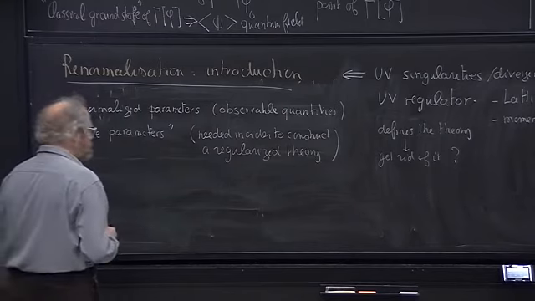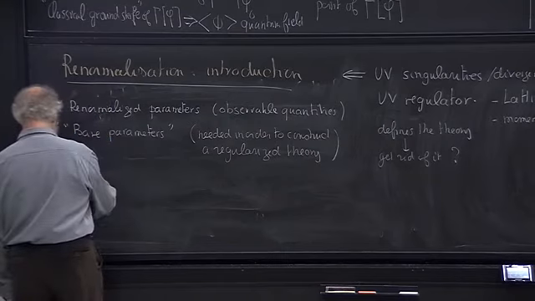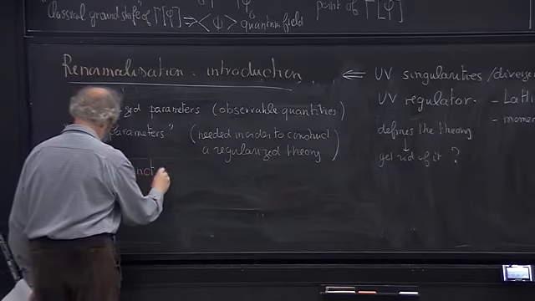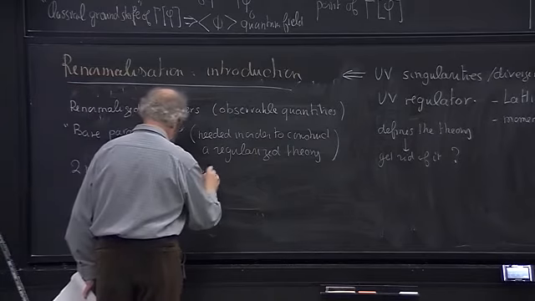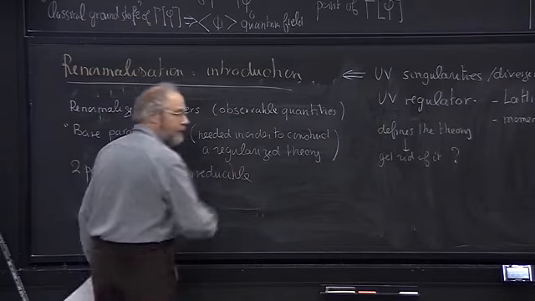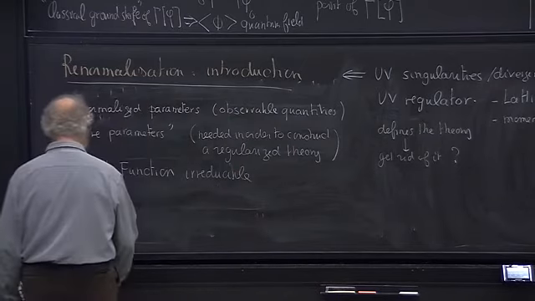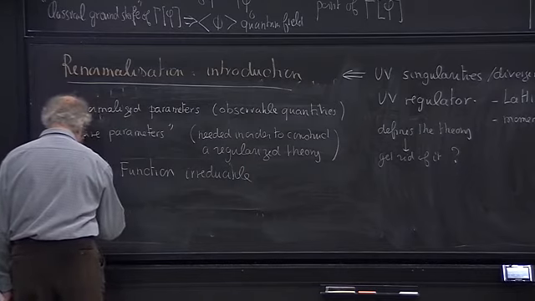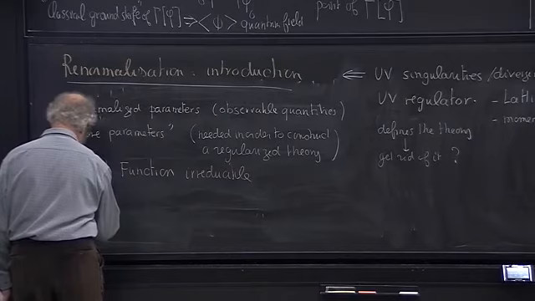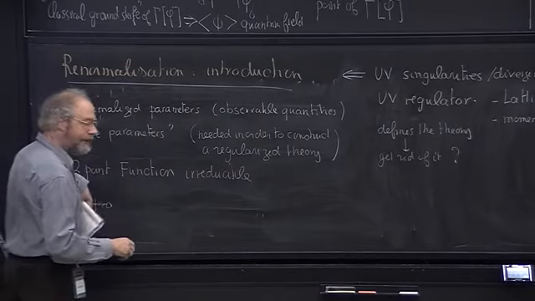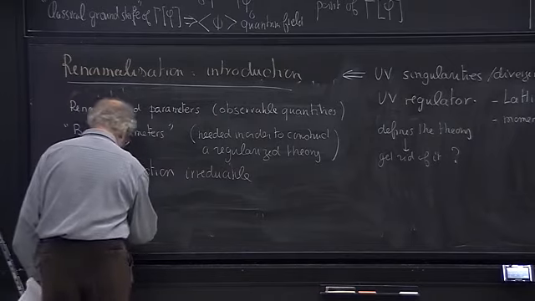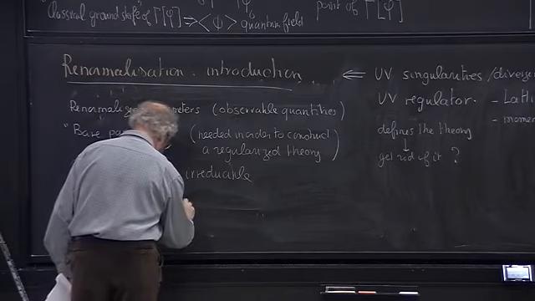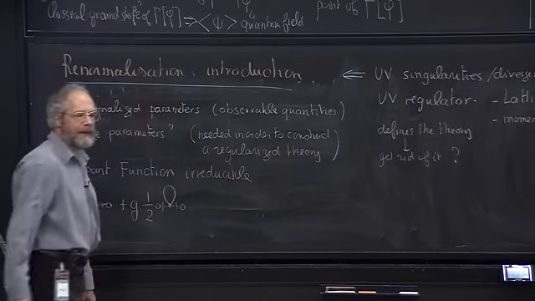And in 5 minutes, I can only explain on one very simple example the difference between bare and renormalized parameters. And I'm going to consider the irreducible two-point function. We have seen that the irreducible two-point function is this diagram, but this is a truncated line, you see. This is a doubly truncated line, plus 1/2 times this diagram.